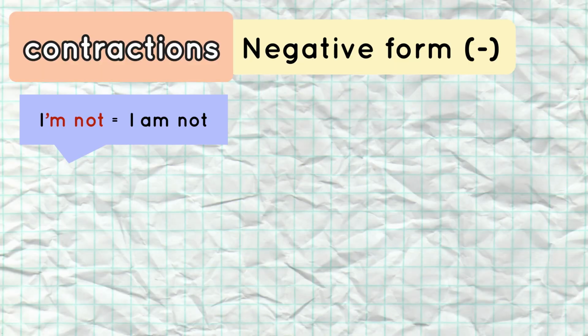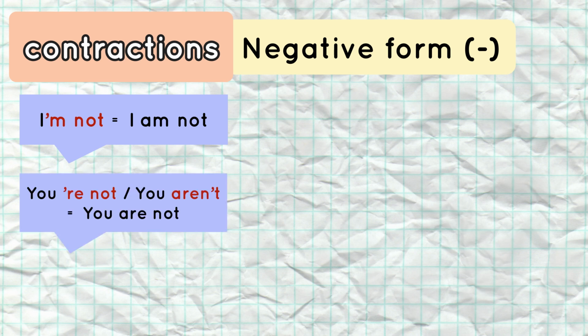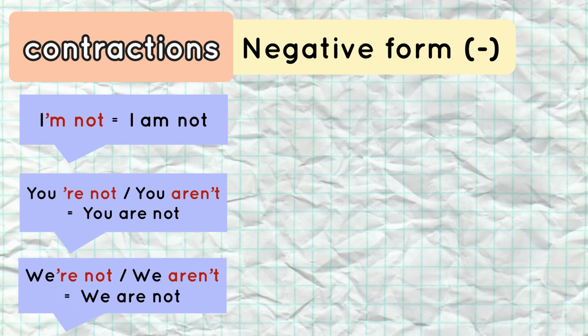For the negative form, we can contract this way. I'm not for I am not. You're not or you aren't for you are not. We're not or we aren't for we are not.